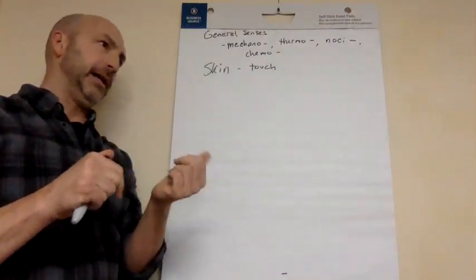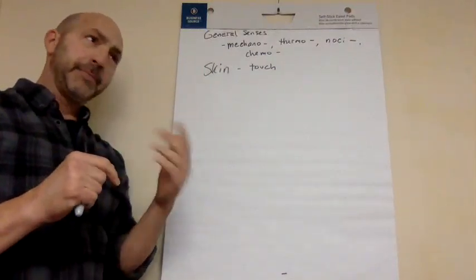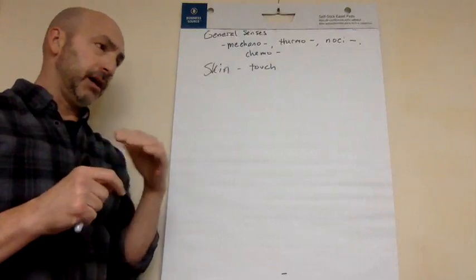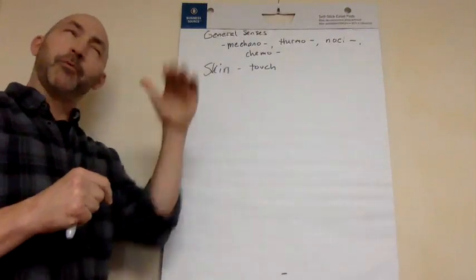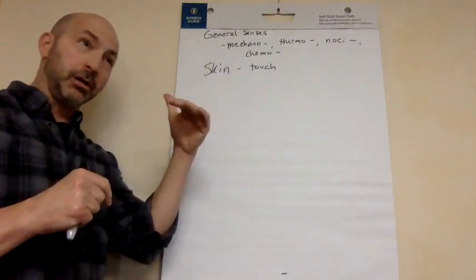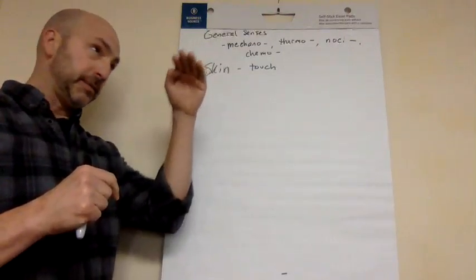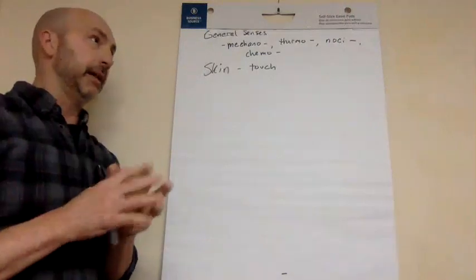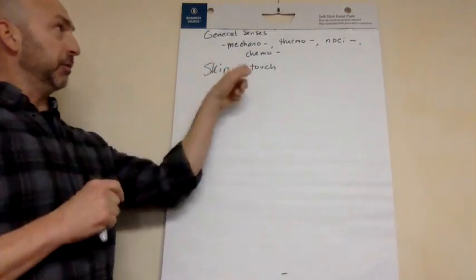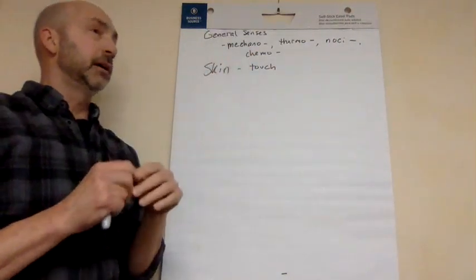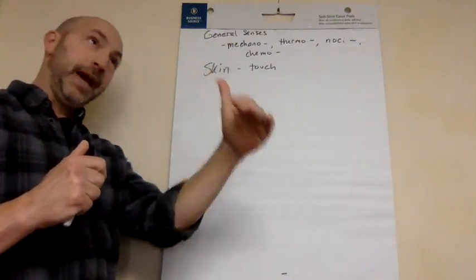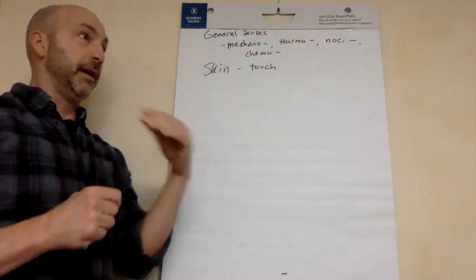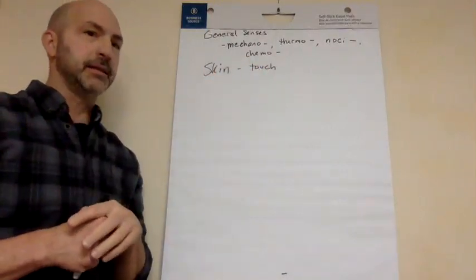There's a whole variety of encapsulated and unencapsulated nerve endings that collect this information. I don't think we need to go to that level of detail. But I do want to make sure we understand that mechanically gated channels in those free nerve endings or encapsulated nerve endings help convey the sense of touch.